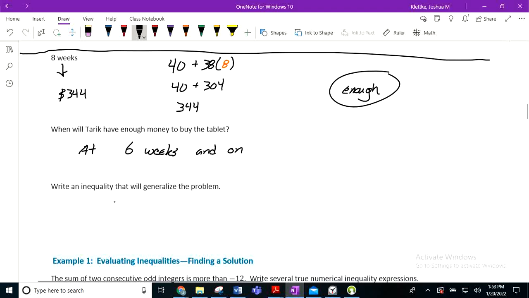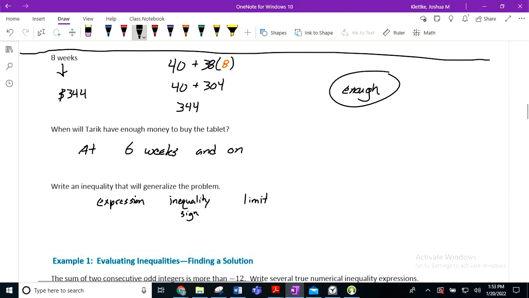So what we're going to do is take our expression, then we'll put our inequality sign, and then we will put our limit, meaning how high or how low to meet the goal.